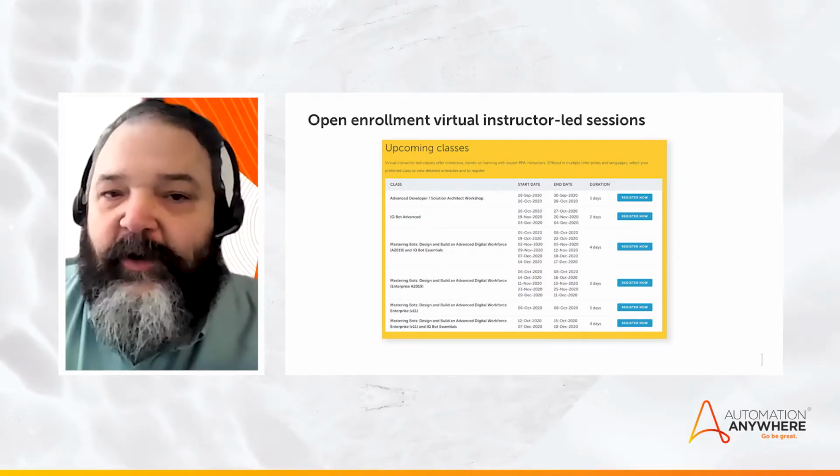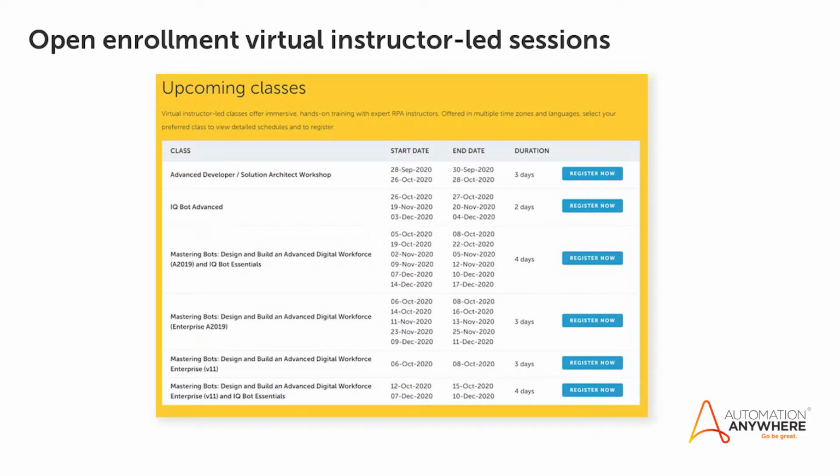For open enrollment instructor-led training, these classes are included with a subscription. If they're not included with a subscription, there is a fee for each of the courses. They vary from 3 days to 4 days for the Mastering Bots courses. Sometimes we include IQBot Essentials in that. We have offerings both for A2019 and V11.